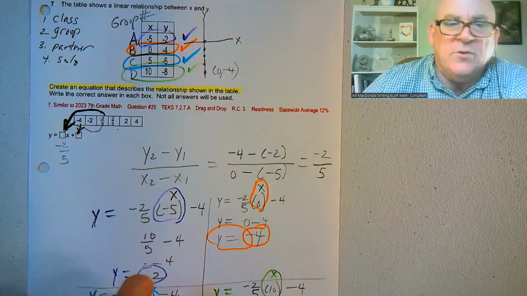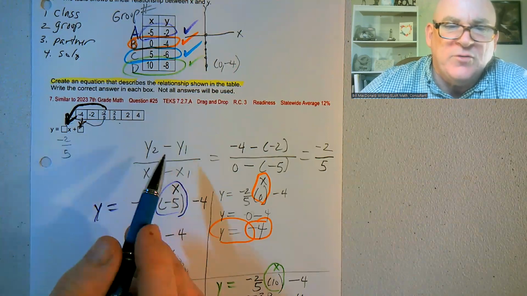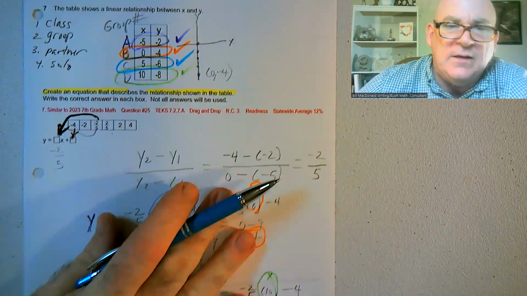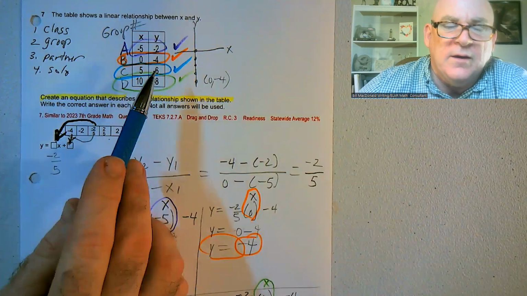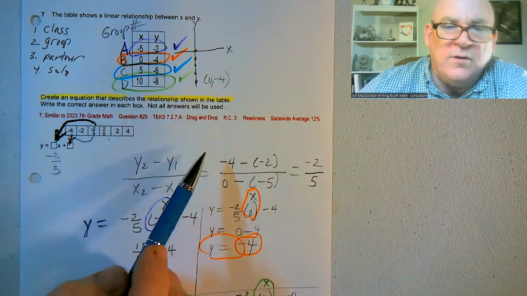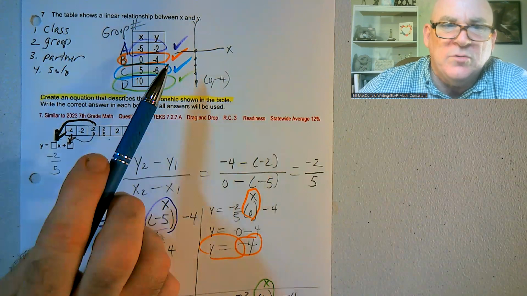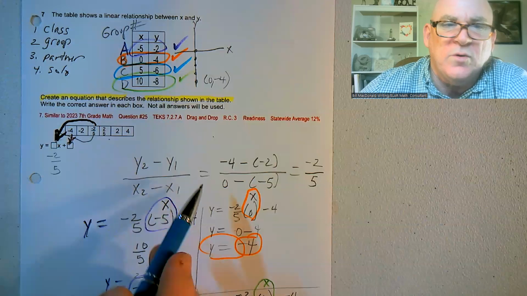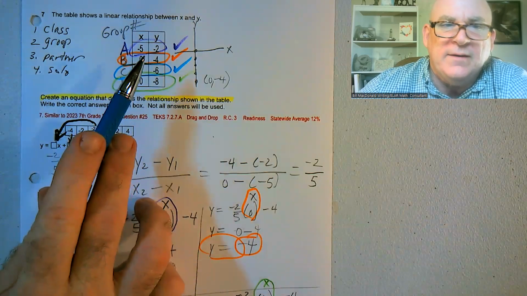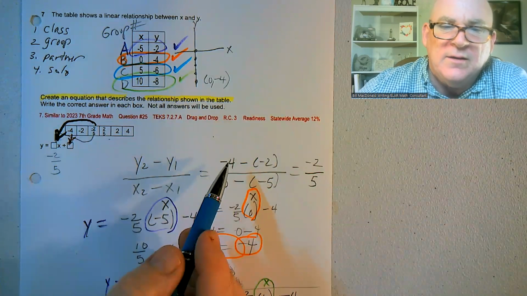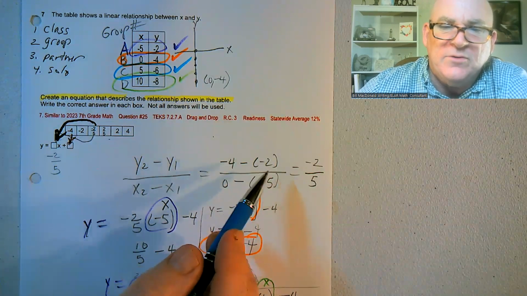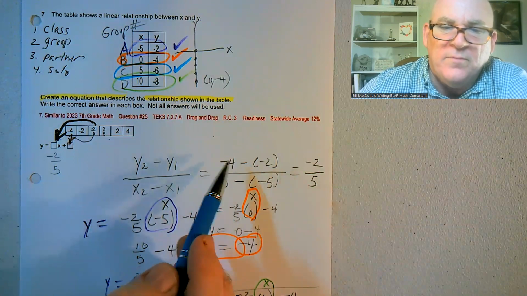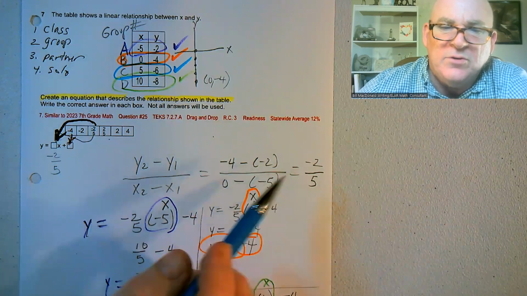Okay. All right. So understanding that rise over run is y2 minus y1, then as a class, you'll take the first one, A and B, -4 minus a -2, over x2 minus x1, 0 minus a -5, and you get a -4 minus a -2, two negatives equal a positive, so -4 plus 2 is -2.